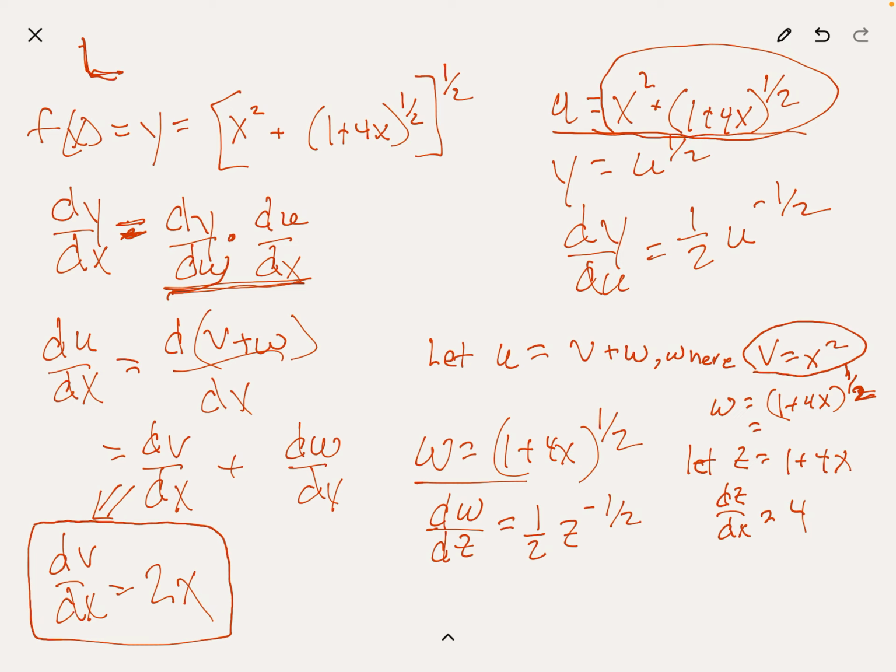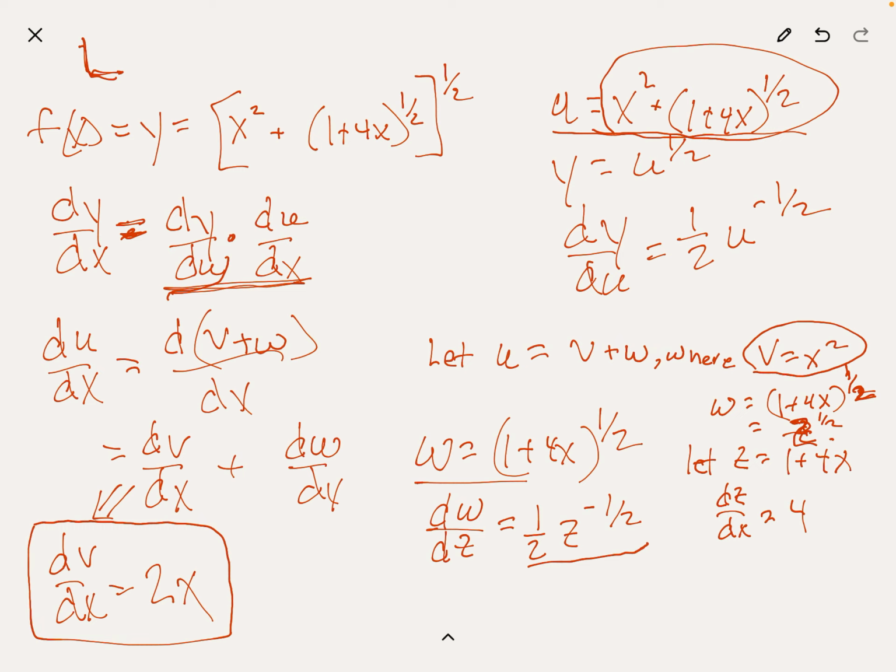Because what we're saying is w really equals just z to the 1/2. Again, sorry for the cramped handwriting here, but if w equals z to the 1/2, based on our substitution, then dw/dz equals 1/2 times z to the negative 1/2.